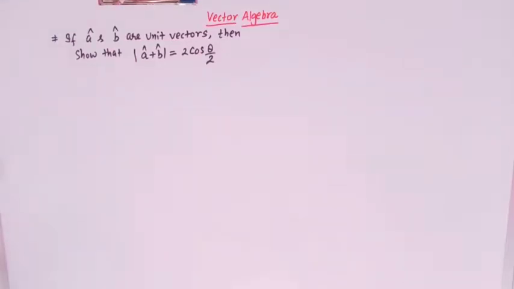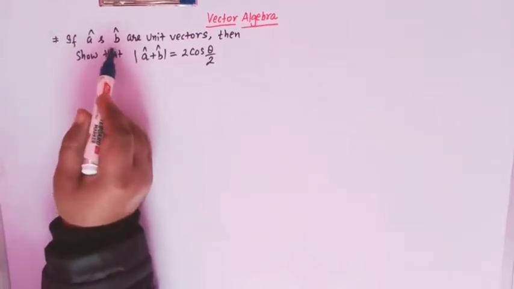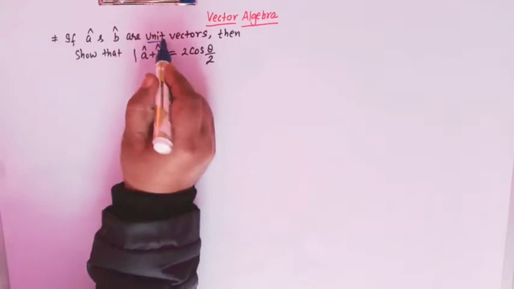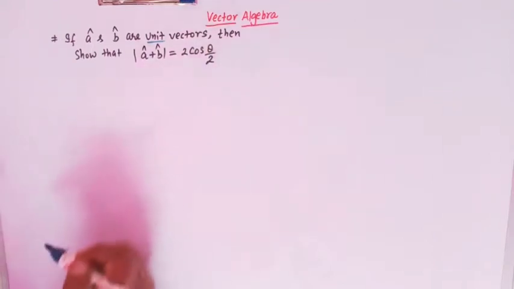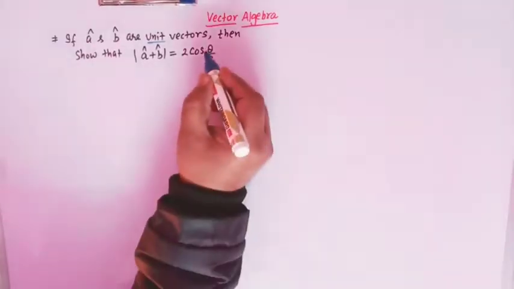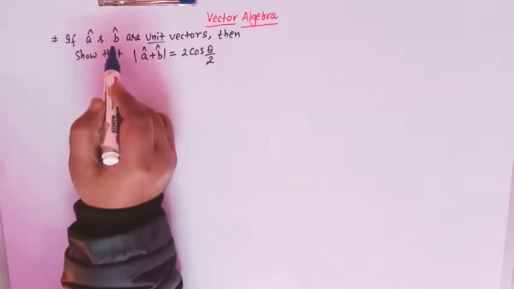Hello viewers, in today's class we are going to discuss one important problem from vector algebra. The problem is: if a cap and b cap are unit vectors, then we have to show that the magnitude of a cap plus b cap is equal to 2 times cosine of theta over 2, where theta is the angle between these two unit vectors a cap and b cap.